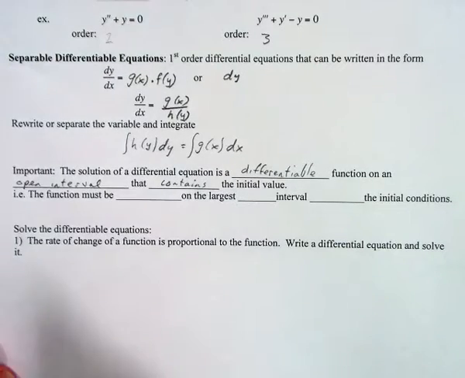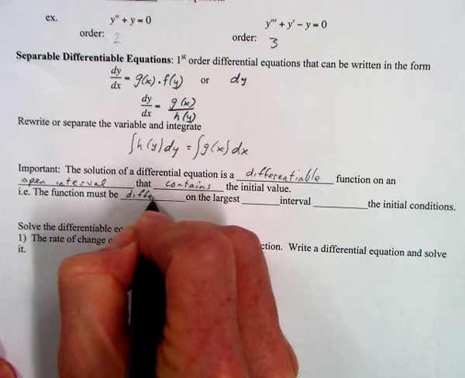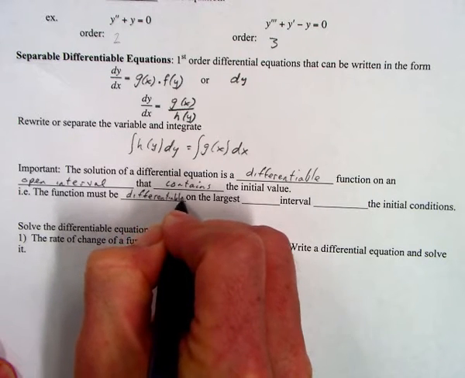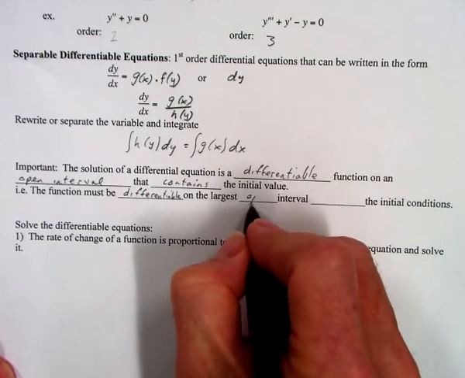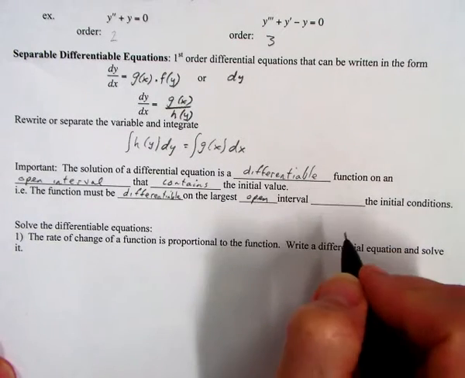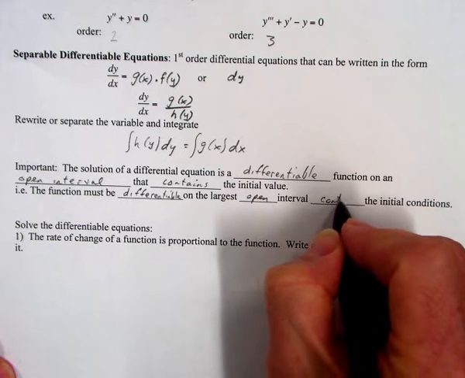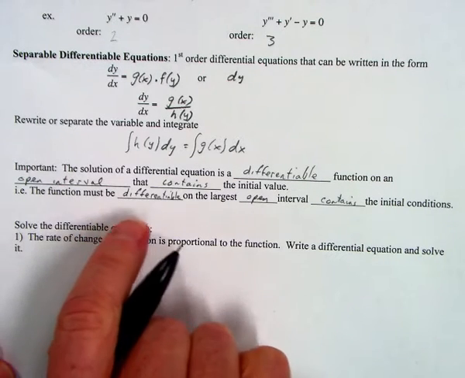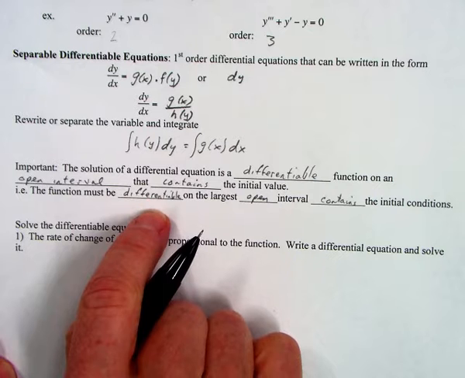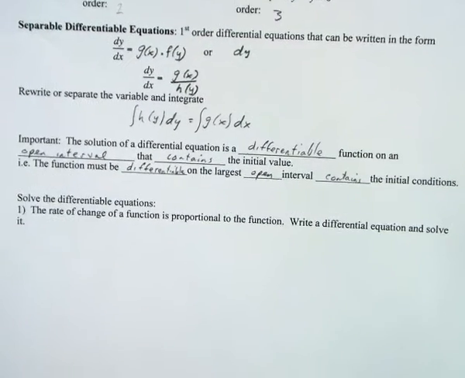So another way to say this, i.e., the function must be differentiable, and you want to think about what that means, on the largest open interval that contains the initial condition. If it's not differentiable at a point, then that's not going to be a part of its domain. So it needs to be a differentiable function on an open interval that contains the initial condition.